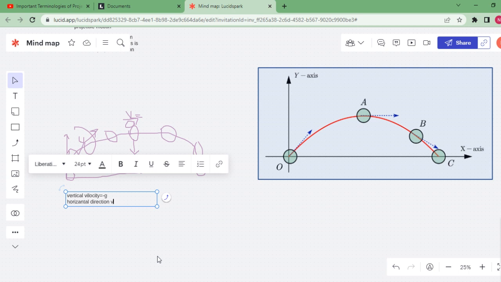Velocity is equal to constant, and acceleration is zero. Okay, so it's done.